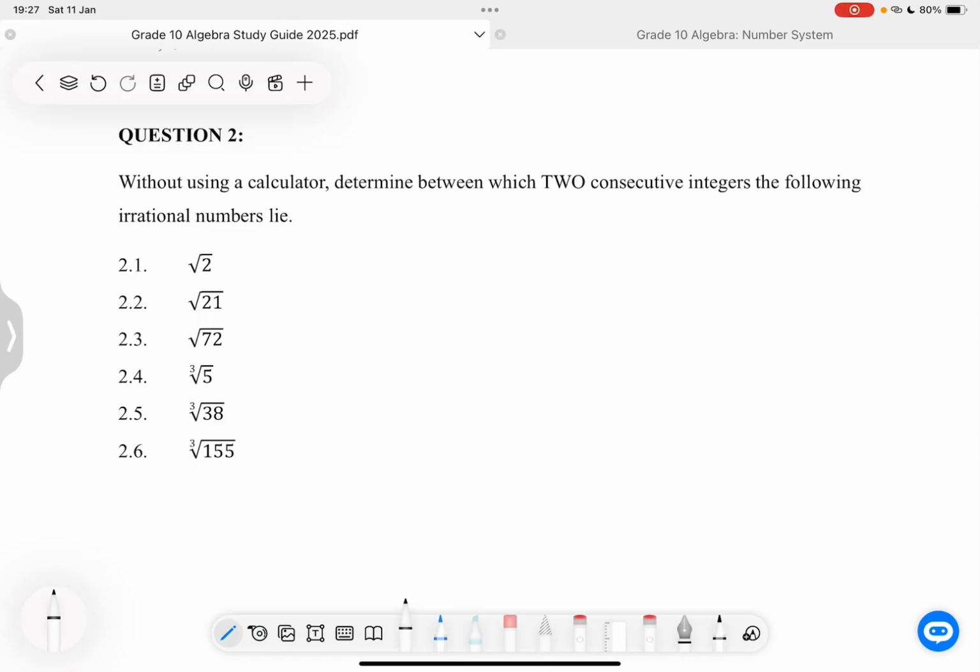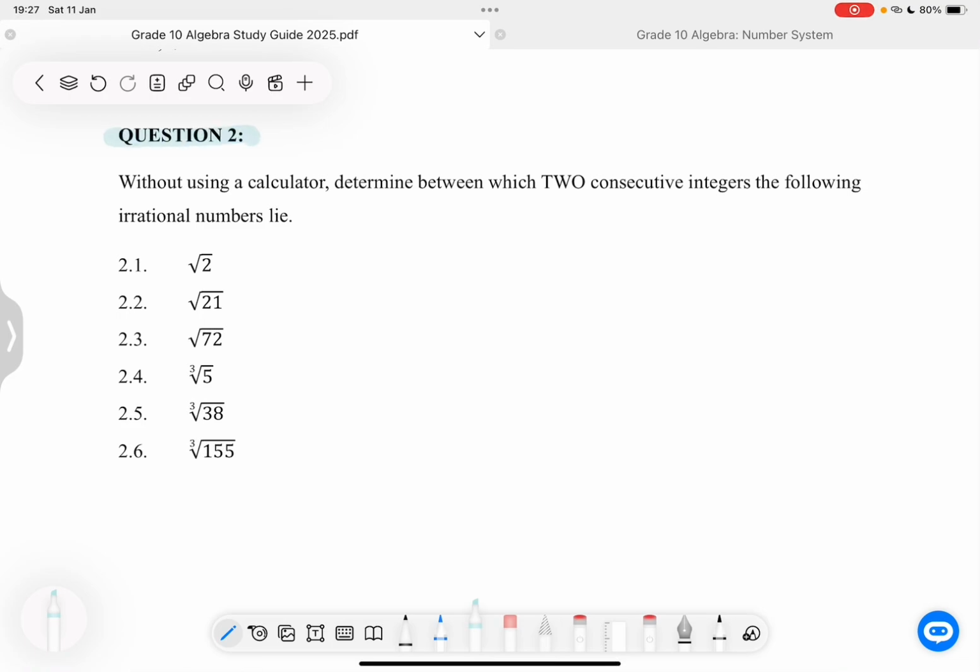Let us do some practice questions to check if we fully understand the process of finding two consecutive integers between a set, from the previous lesson that we've been doing. So we're going to do that by doing question 2.